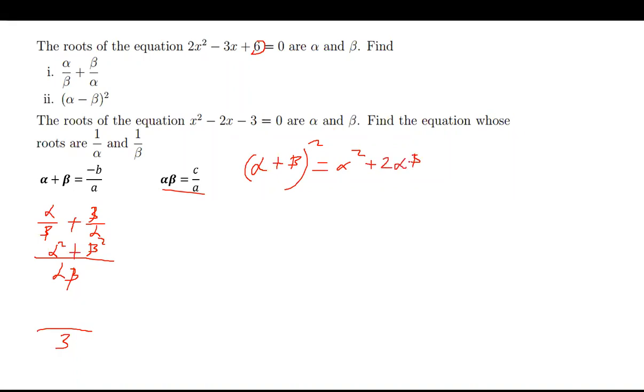I'm pretty sure you guys know how to expand this. And then plus beta times beta, you get beta squared. Yeah, you're going to have something like this.